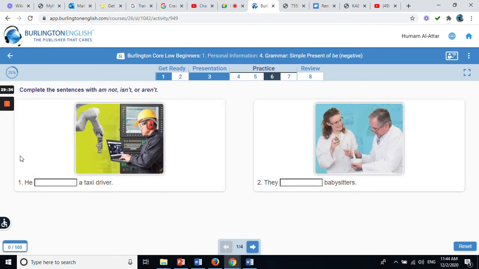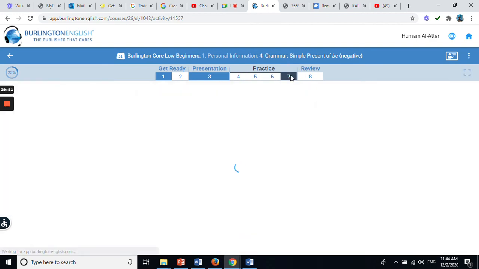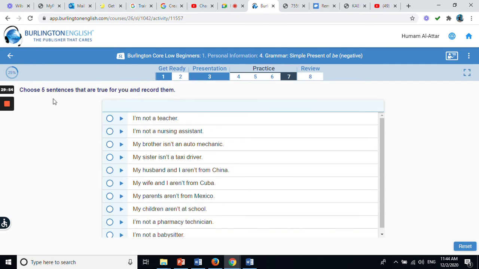And on this one, you have to complete the sentences with am, not, isn't, or aren't. So you type your answers here. On this one, you have to choose 5 sentences that are true for you. True for you.